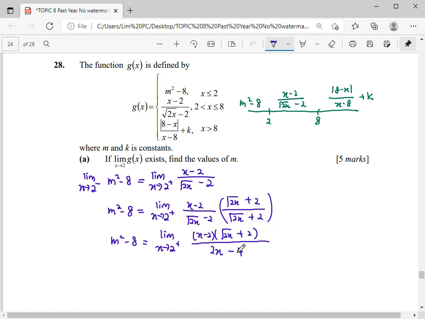Then we try to factorize again so that we can simplify. In our denominator part, we can factorize the value of 2. Then we can get the same factor. Our function is simplified.